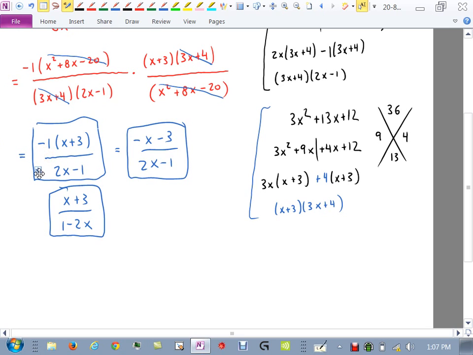If I drop that negative down, doesn't it distribute through here? Doesn't it make it a -2x and a +1? And then can't I just flip the order and make it the +1 minus 2x? So it is the same thing. Again, all I'm trying to do is stress to you that your answer may be correct. It just may not look like what the book wants or what the book is saying the answer is, but it's not wrong.